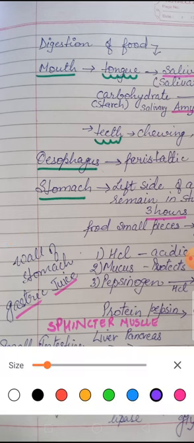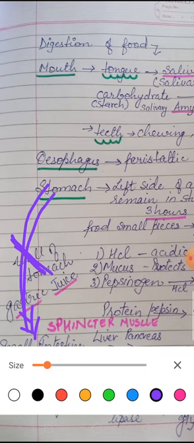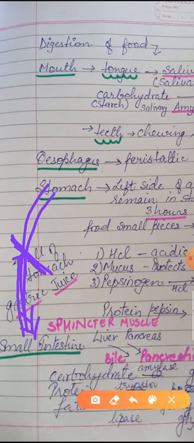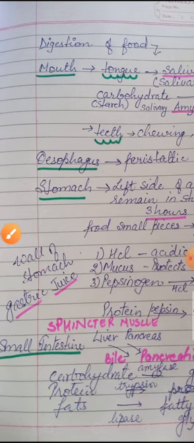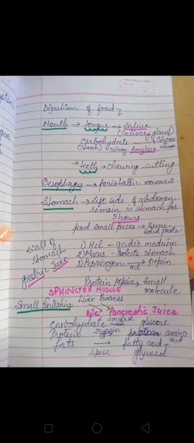So you can say that when the food is moving downward, at this point we will have a sphincter that will allow the food to enter into the small intestine, but it will not move upward. This sphincter will be like a shutter, like a gate, which will not allow the backflow of food. Okay, now move to the small intestine.